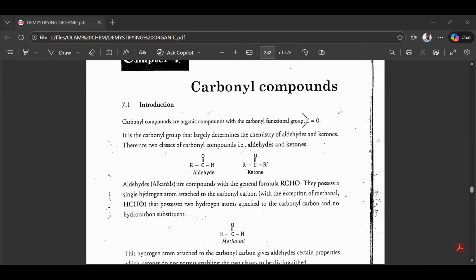Okay, so I think we can start. All the members are right here. Today we are looking at carbonyl compounds as another homologous series.